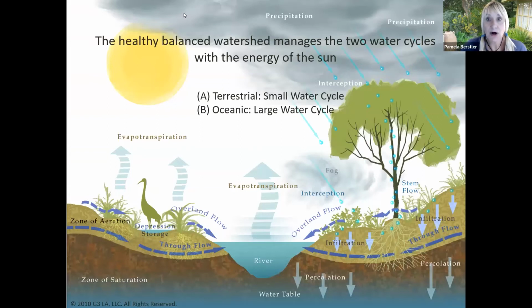The answer to all of this is restoring a healthy, balanced watershed. And that's why the watershed approach is so important. We want to make sure that we create this balanced watershed so we manage not just the terrestrial small water cycle, but in doing so, we end up affecting the oceanic large water cycle.